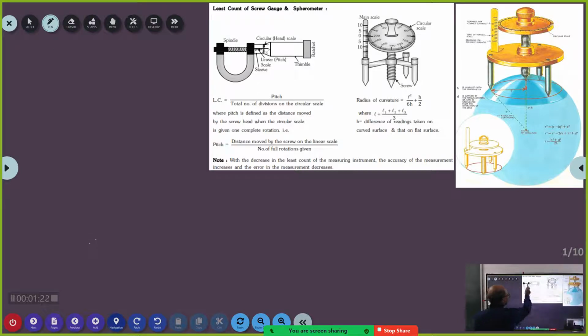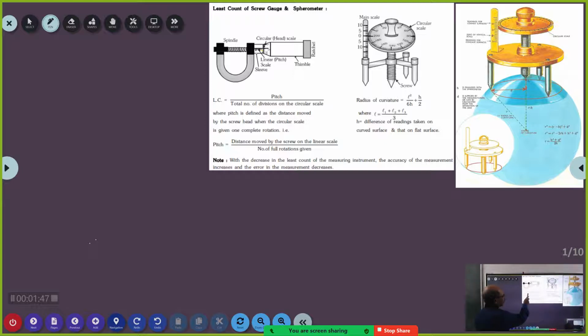The pitch, which I suppose all of you know, is the distance that the circular head moves on the linear scale divided by the total number of divisions on the circular scale. Since you have used it, you are quite familiar with this.